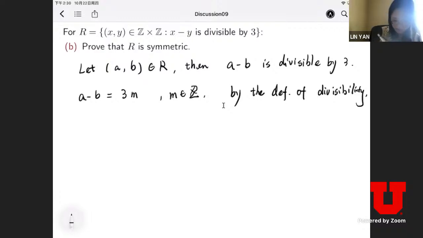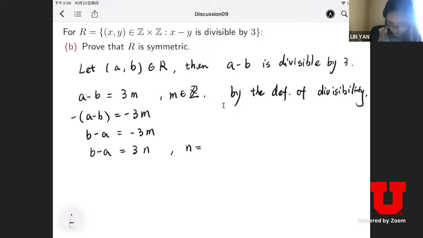Then we can multiply both sides by -1. So b minus a is equal to 3 times minus m, and we substitute minus m with n. n is also an integer.